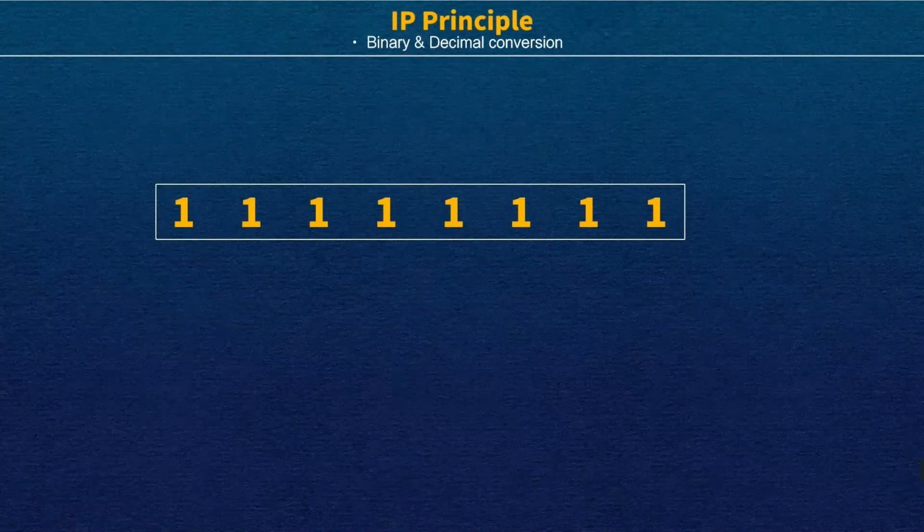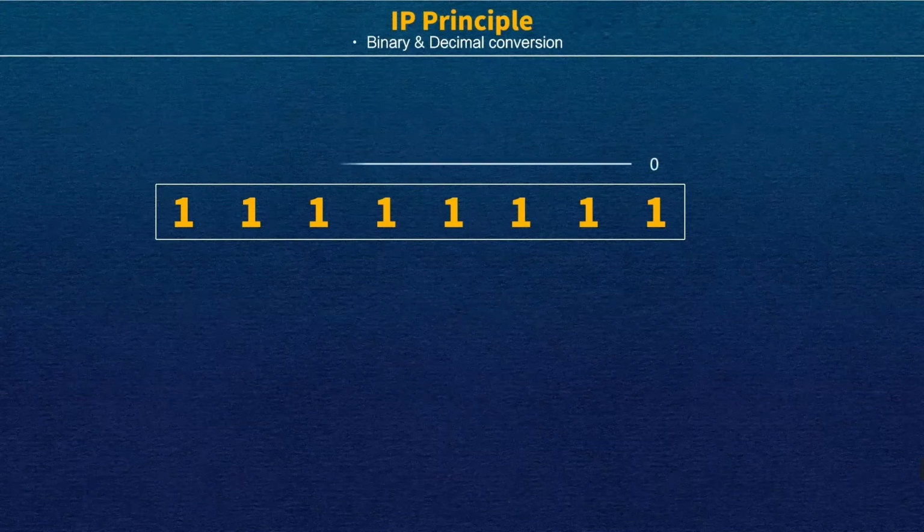For example, now I take one part, 8 bits long, to calculate from binary to decimal. From the right to the left, the sequence number is 0 to 7. Pay attention, in the network, the beginning value will become 0 in lots of scenarios, not 1. So there are 8 bits, but the values are 0 to 7.